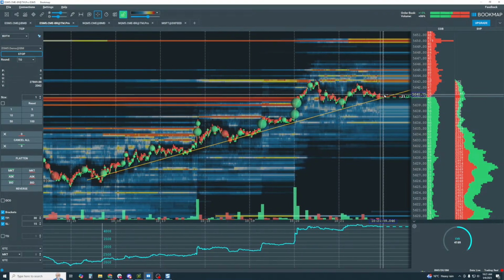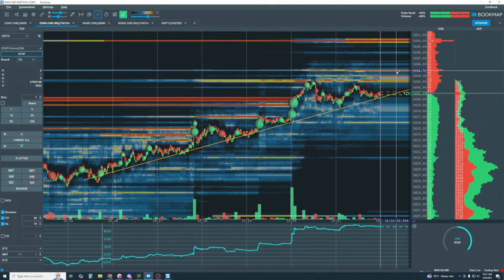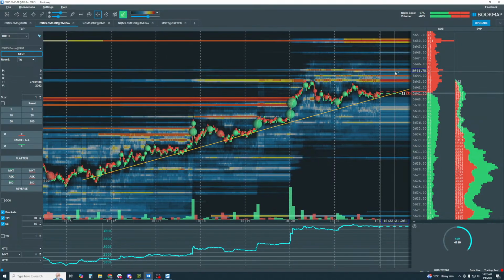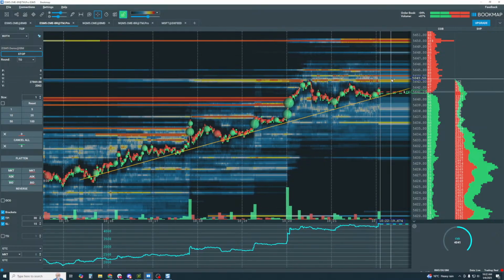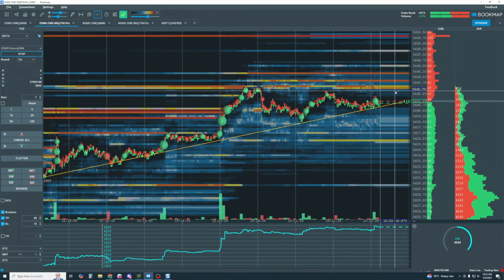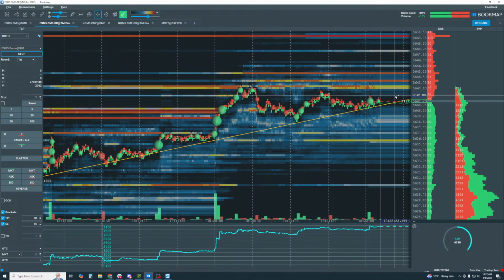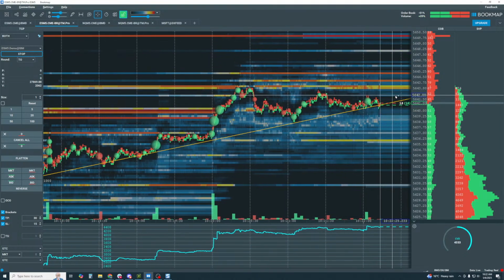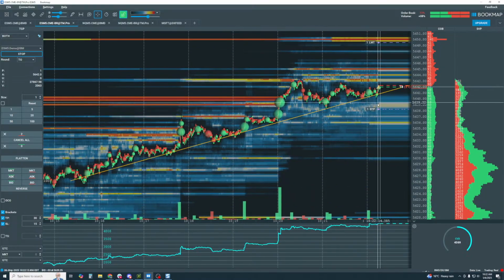Let's see if we get some buying interest off of this trend line here. There's some. All right, so we're going to go with that.